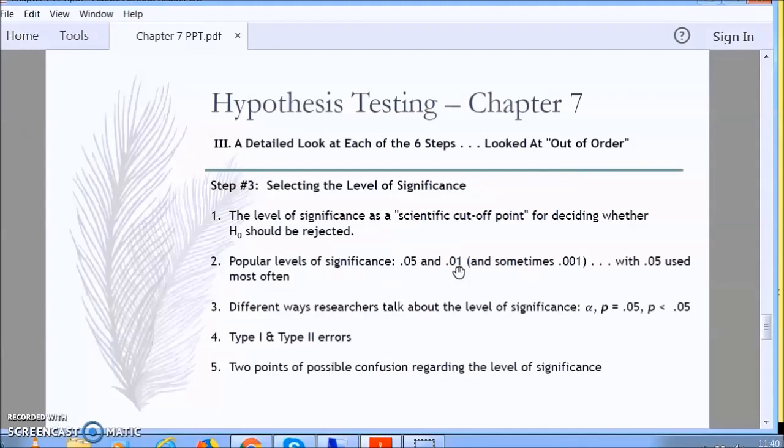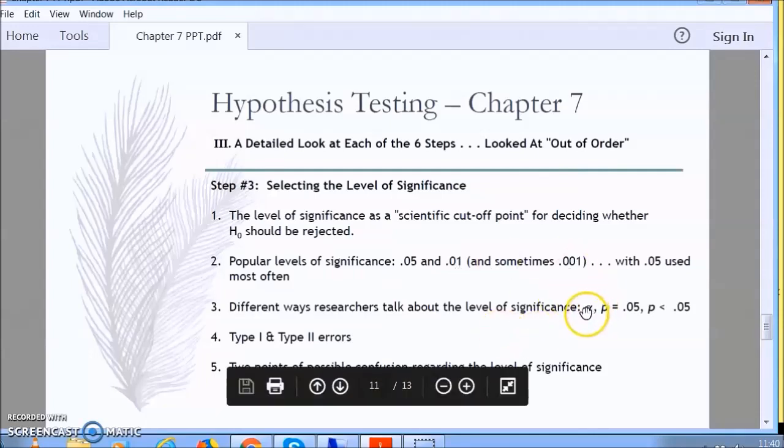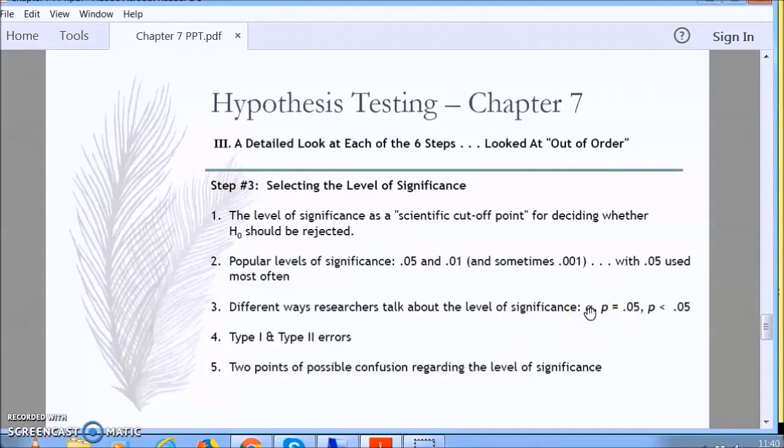The level of significance is sometimes not called that; researchers sometimes use what is called the alpha. So they would say the alpha level is set to 0.05, or p equals 0.05, or p is less than 0.05.